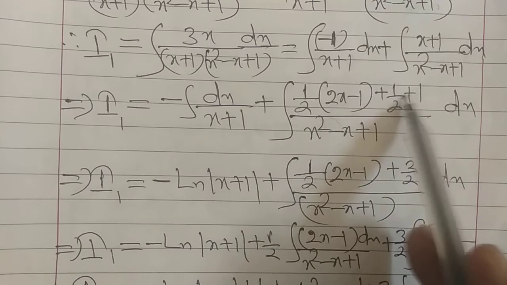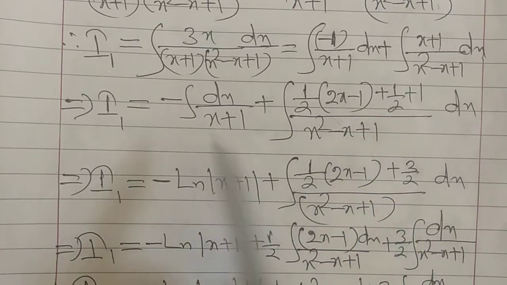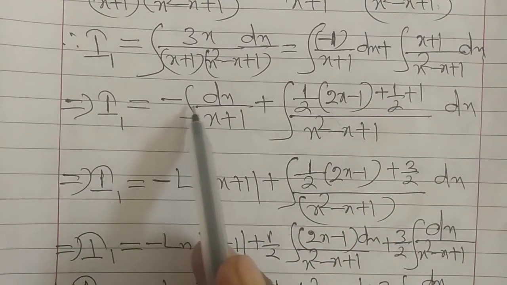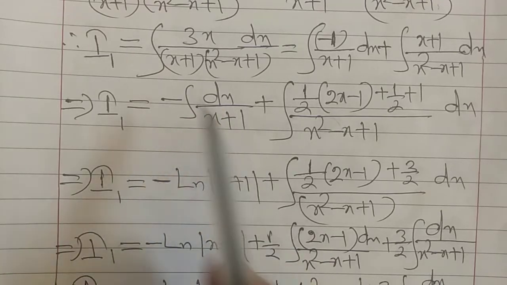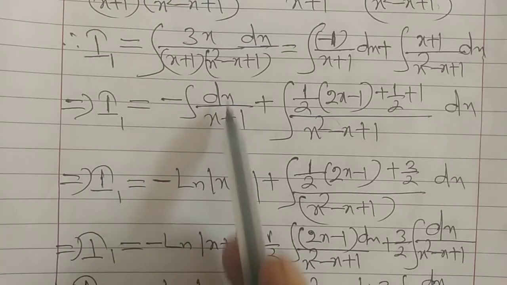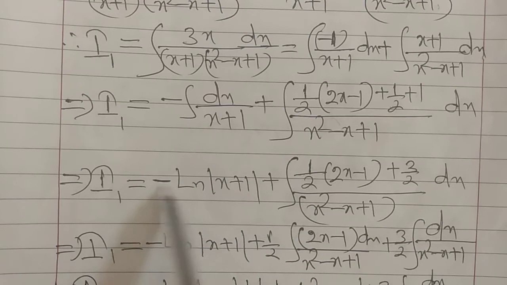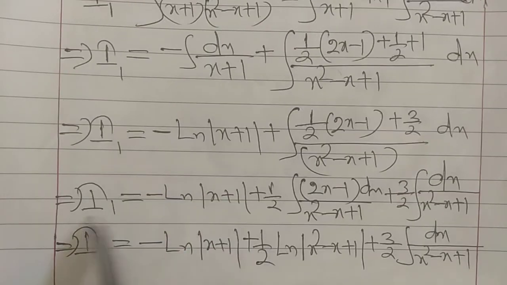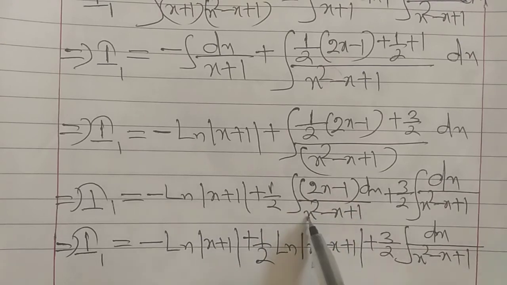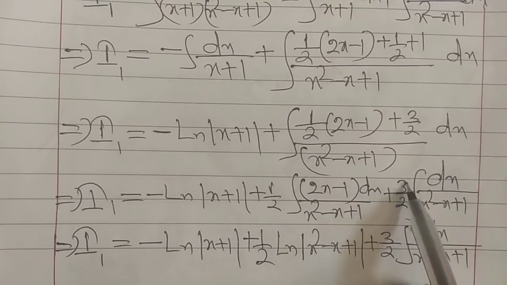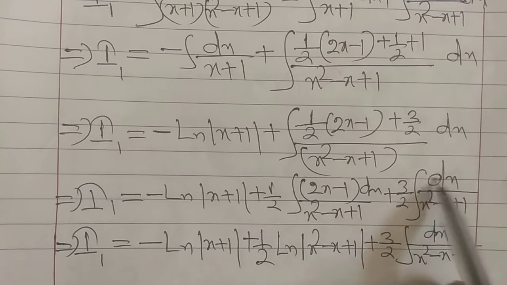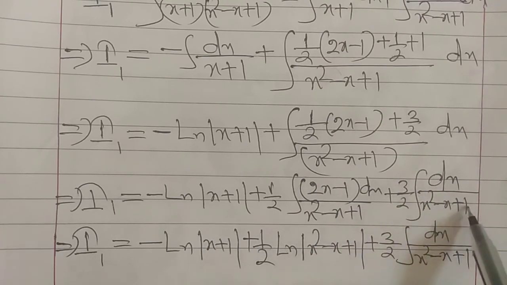Here 1 by 2 plus 1, that is 3 by 2, and integration of dx by x plus 1, that is minus integration of dx by x plus 1, that is equal to minus ln modulus of x plus 1, and this implies I1 is equal to minus ln modulus of x plus 1 plus 1 by 2 integration of 2x minus 1 into dx by x square minus x plus 1 plus 3 by 2 into integration of dx by x square minus x plus 1.